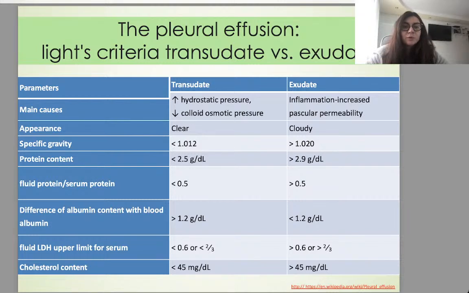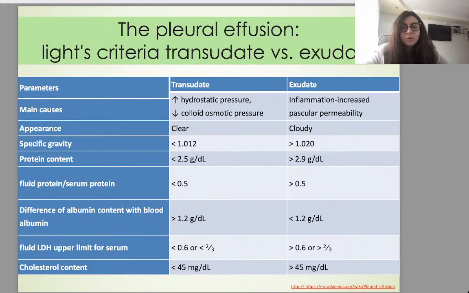By the fluid protein, a relation between fluid protein and serum protein is less than 0.5 for transudate and more for exudate. Difference in albumin content with the blood albumin: more than 1.2 grams per deciliter for transudate and less than this number in exudate.